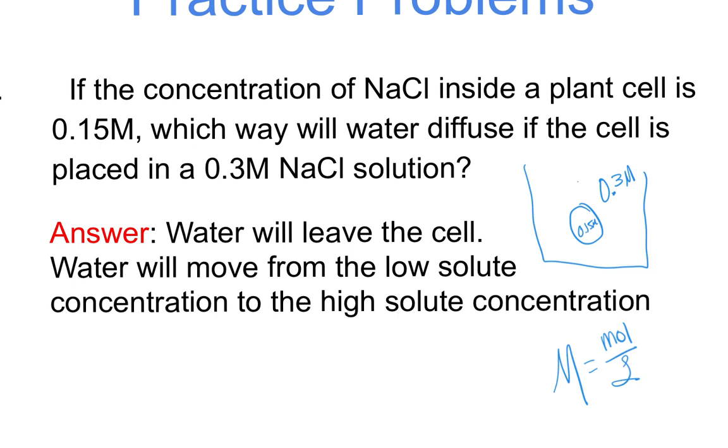Because it's more concentrated out here, water is going to move from inside of the cell to outside of the cell to dilute the more concentrated solution, and the cell will basically shrivel in the higher concentrated solution.